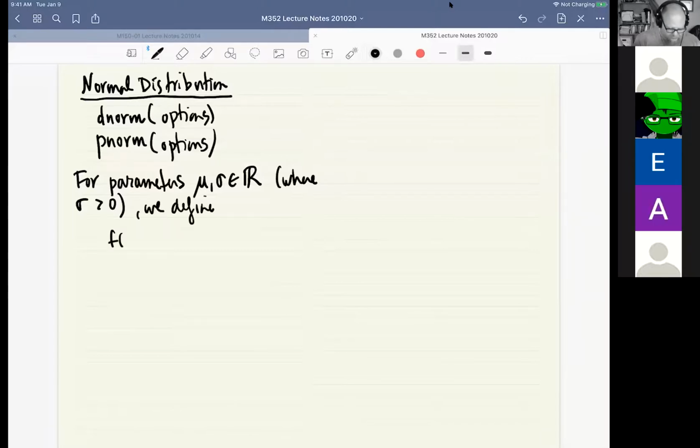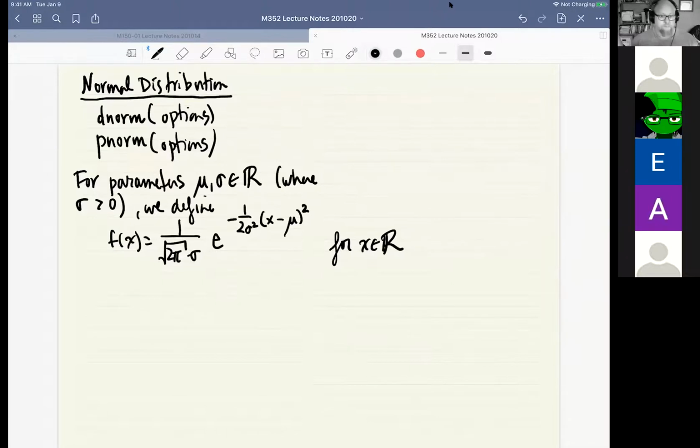We define a function f of x to be 1 over the square root of 2 pi all times sigma times e to the minus 1 over 2 sigma squared all times the quantity x minus mu squared. And this is for any real number.